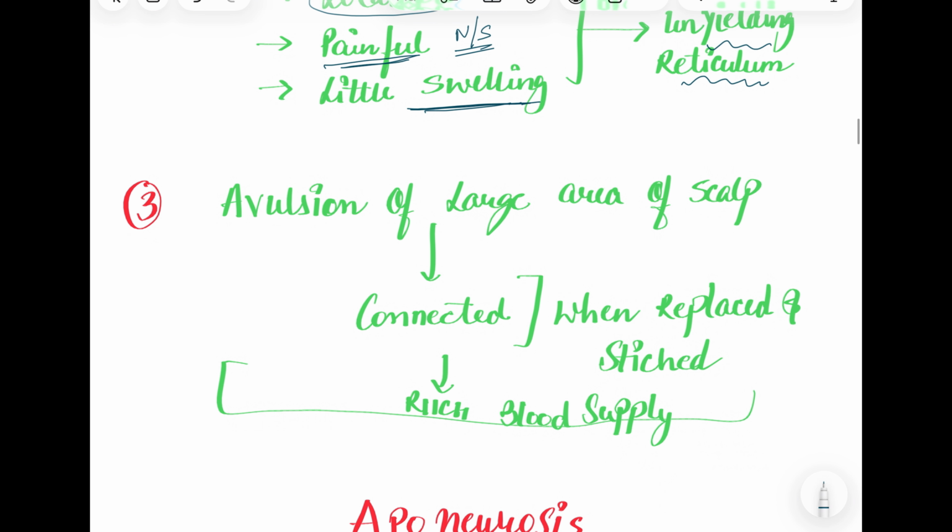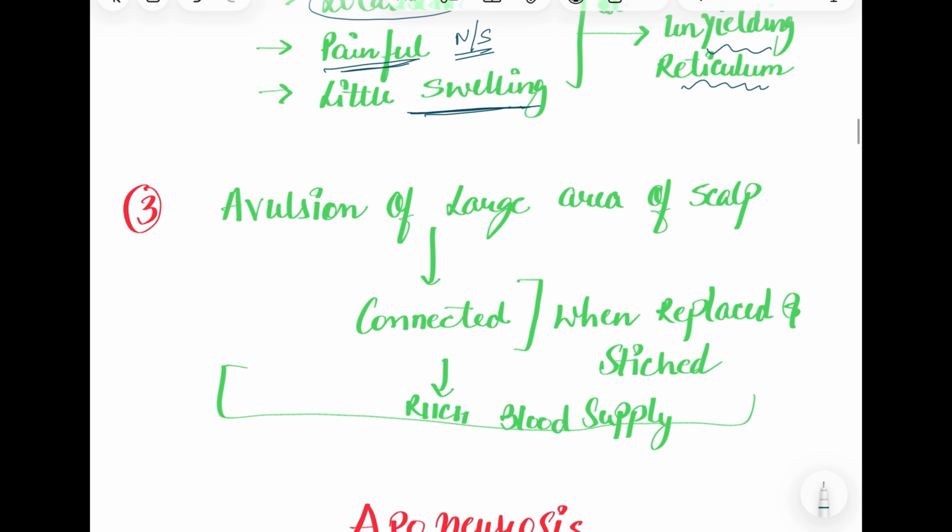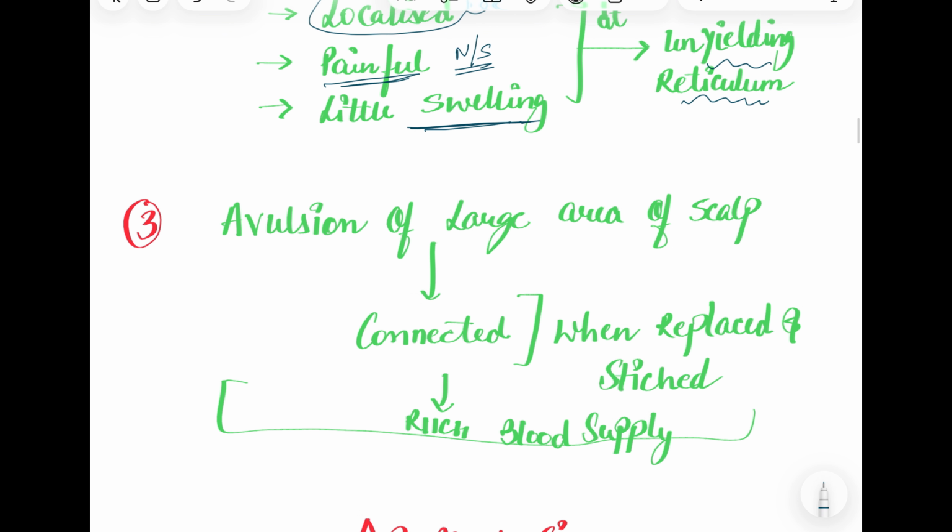Third applied related to this second layer is that whenever there is avulsion of the layer of the scalp, whenever there is an injury leading to avulsion of the layer, this can be reconnected back. Why is it so? It is because the blood supply is very rich.